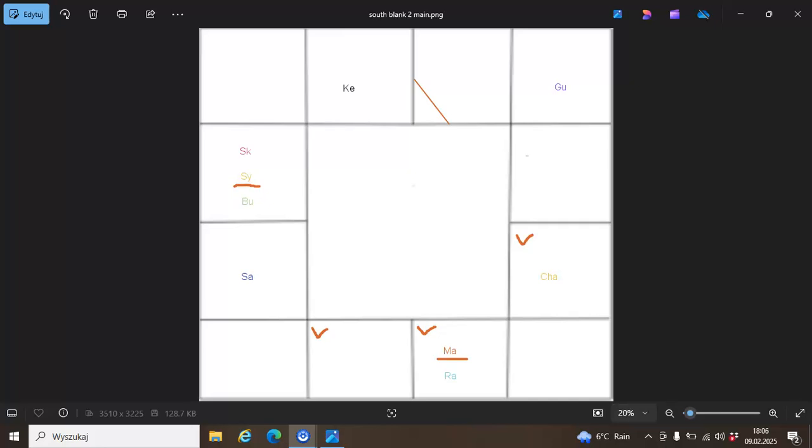Then we will go to our next Mahadasha, which will be Vrishabha or Taurus. Here Taurus is an even sign, so we'll be counting anti-clockwise to its ruler. Let's count.